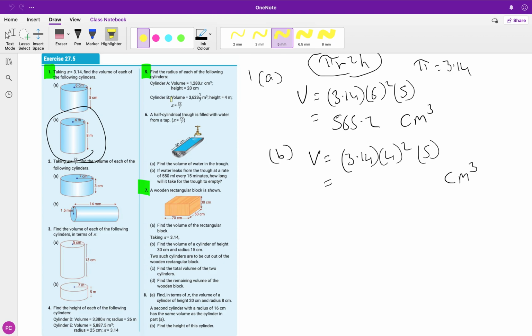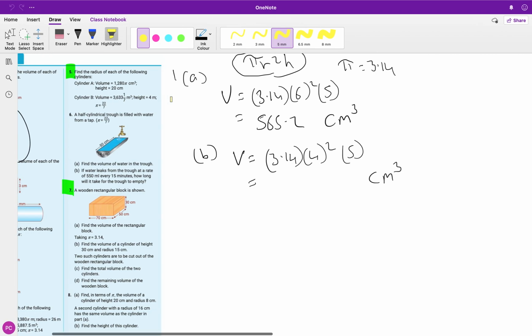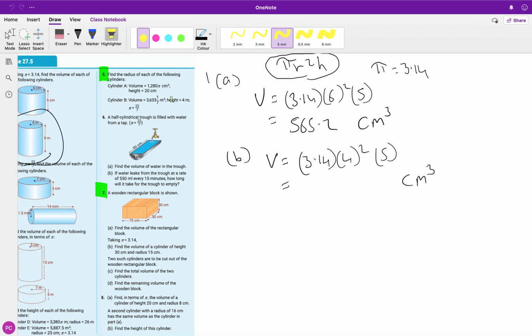I always put the centimeters cubed down before I put the answer down in case I forget. When I multiply that in my calculator, it gives me 401.92 centimeters cubed. It doesn't say to leave it to 1 decimal place or 2 decimal places or anything like that.